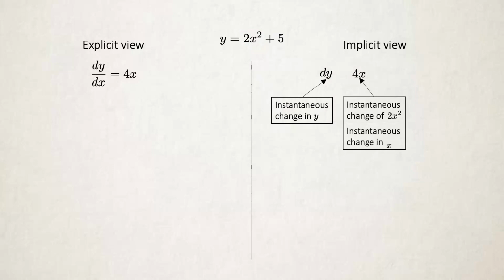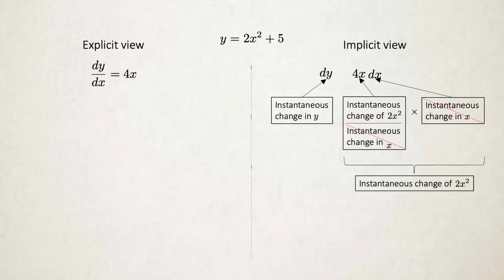By the way, we are only looking for the instantaneous change of 2x squared, which is on the top. Somehow we need to get rid of the bottom. We can do this by multiplying it by the instantaneous change of x, that is dx. Now the instantaneous change in x cancels out, which finally gives us the instantaneous change of 2x squared only.